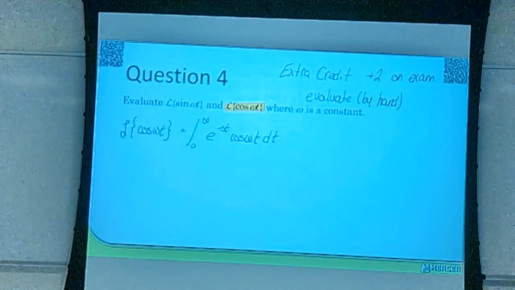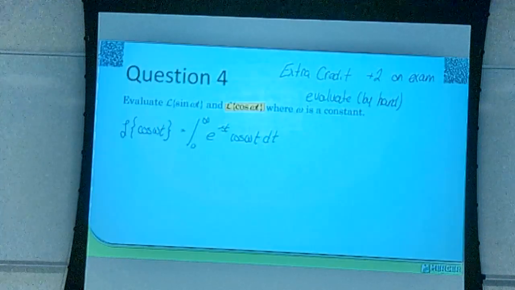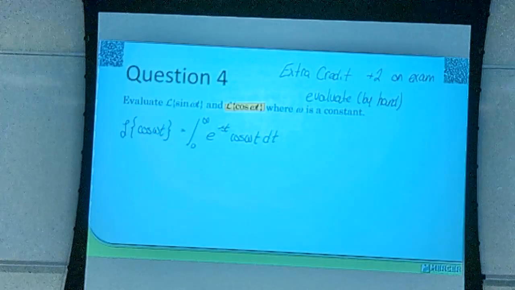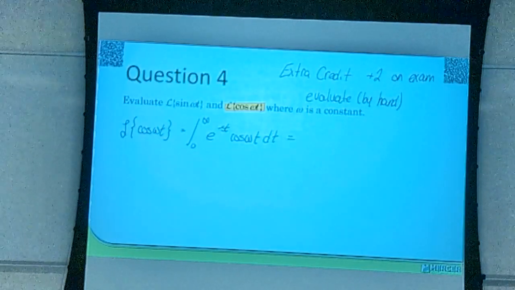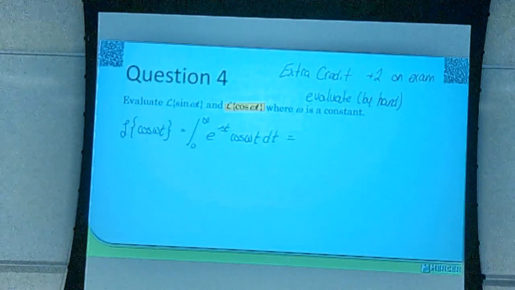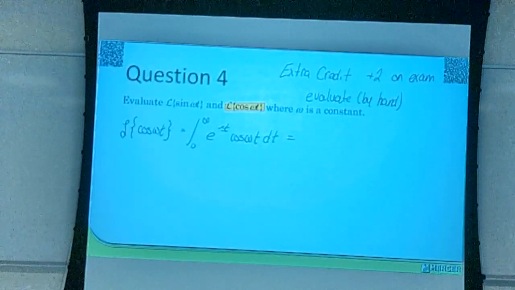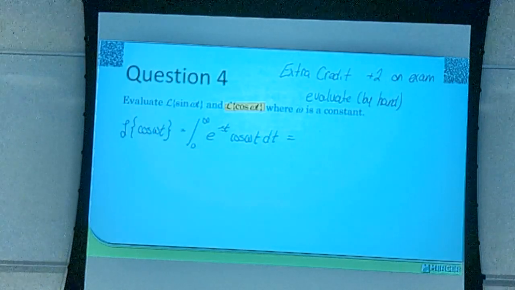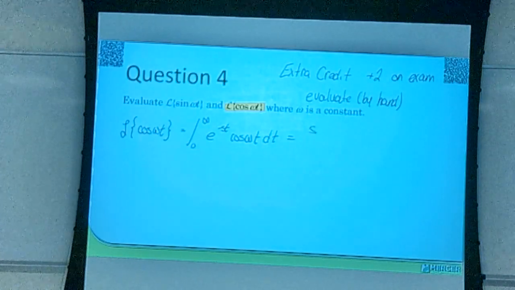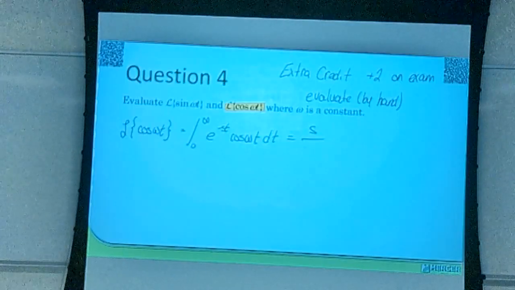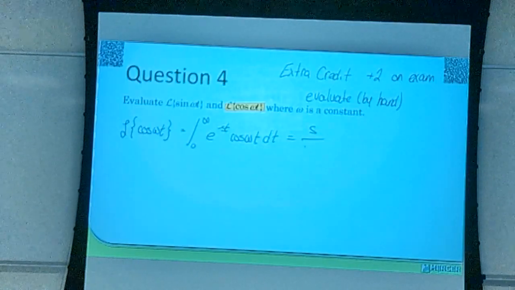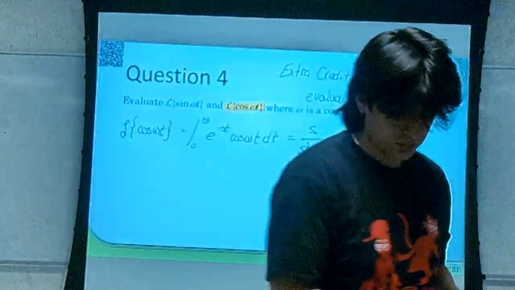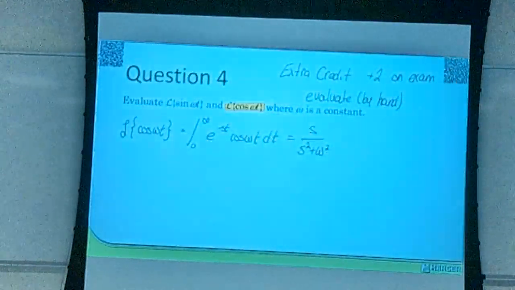As s goes to 0, put down the instant. So you go to s over s squared plus omega squared.